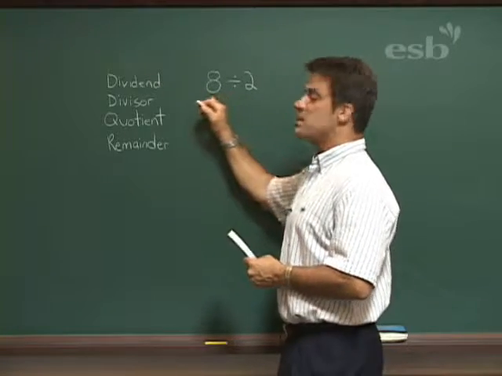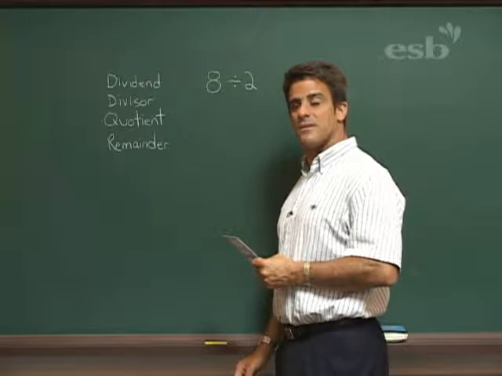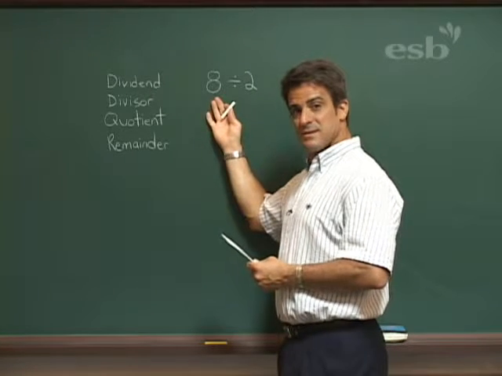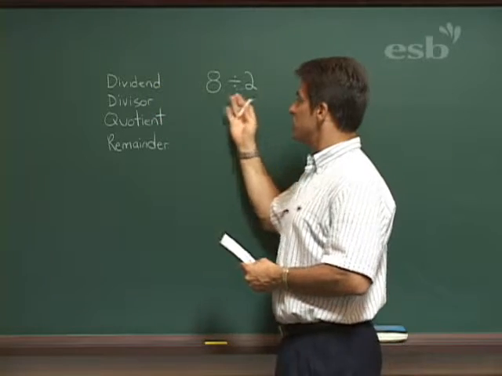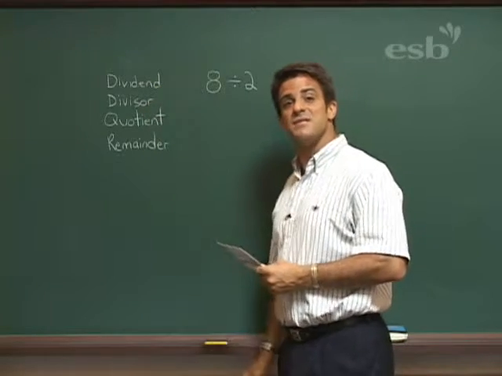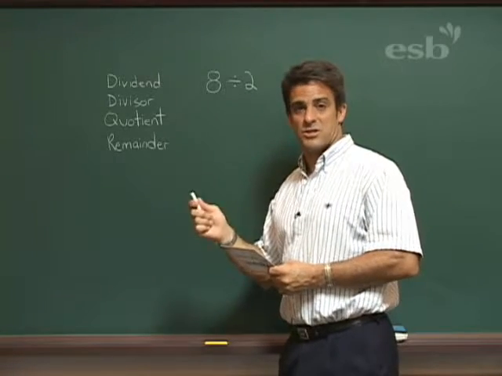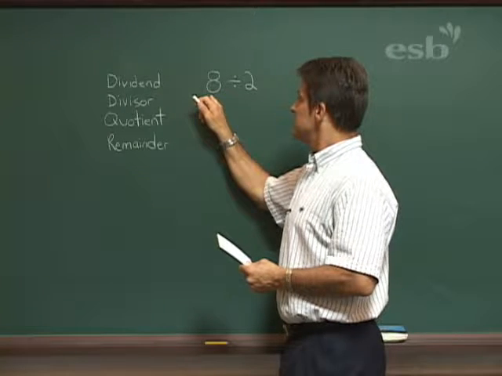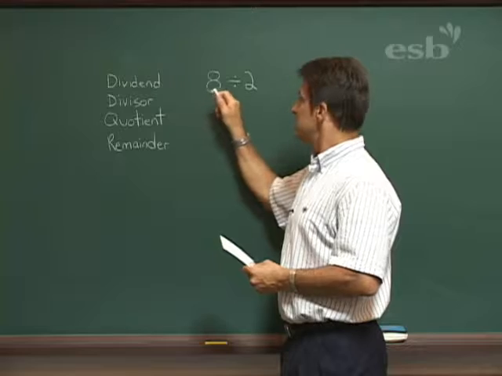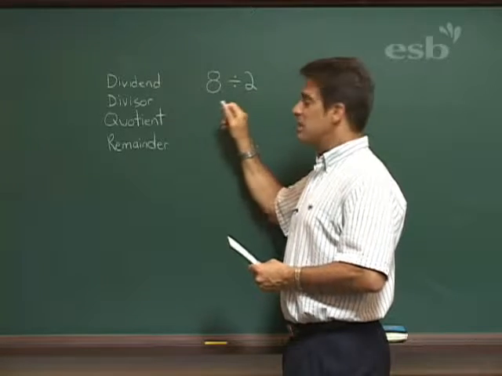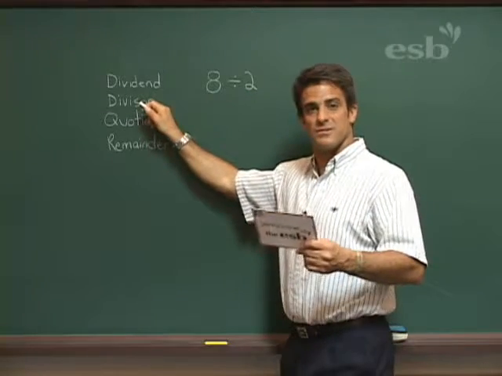So in our division equation, we have the number 8, which is the dividend, and we have the number 2, which is the divisor. So the equation is 8 divided by 2. 8 is the dividend, 2 is the divisor.